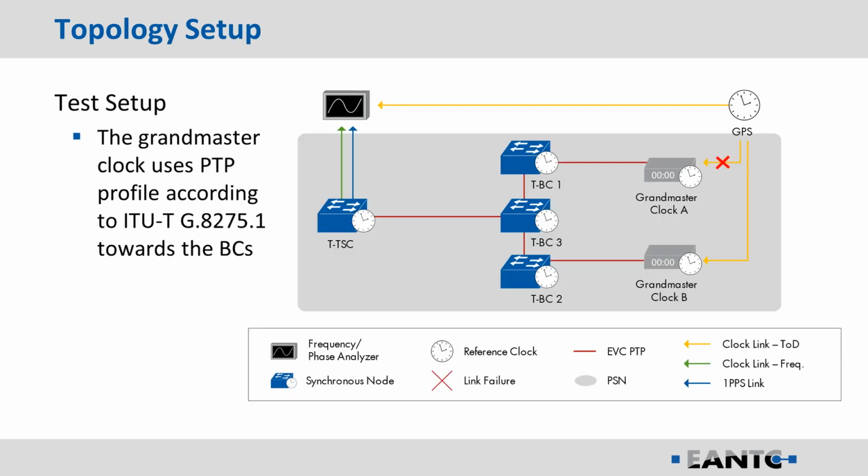So in this test, we verify that the chain of Class C and D boundary clocks in a network is providing the full timing support and maintaining the phase accuracy requirements. We're going to use the Calnex measuring device, which measures the phase accuracy right from the GMA and the GMB through to the slave clock.